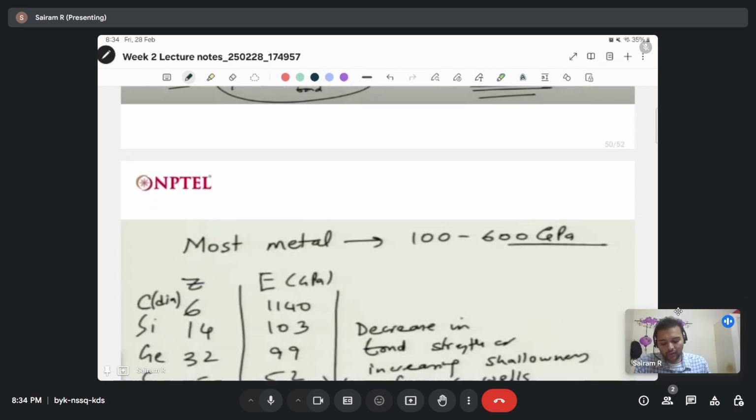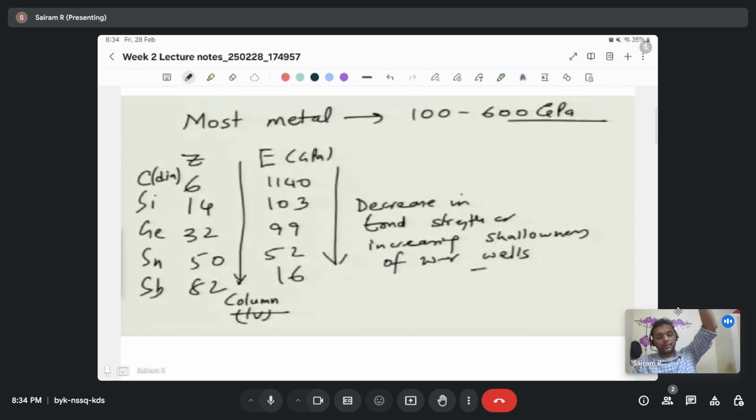And as we saw below, when we move down the periodic table, the modulus decreases because we are talking about the ease with which the outermost electron can be removed from a given atom.